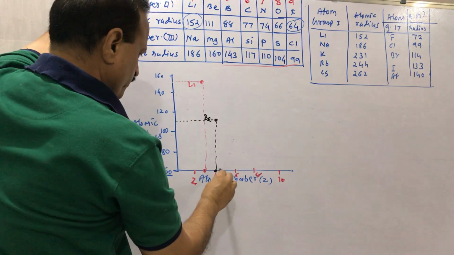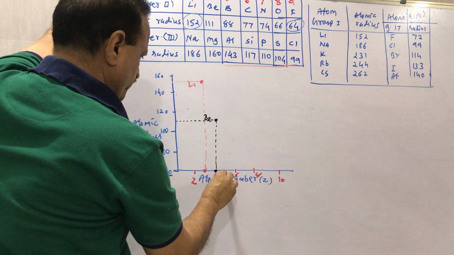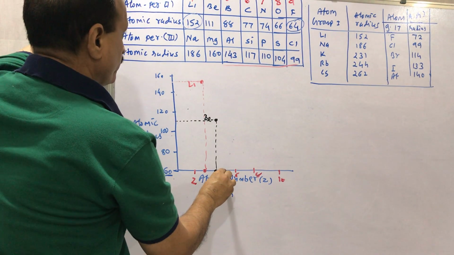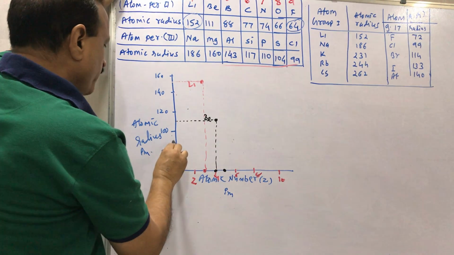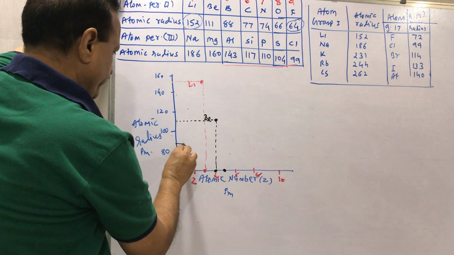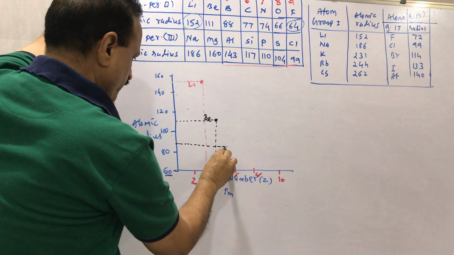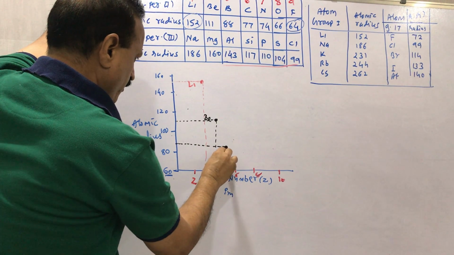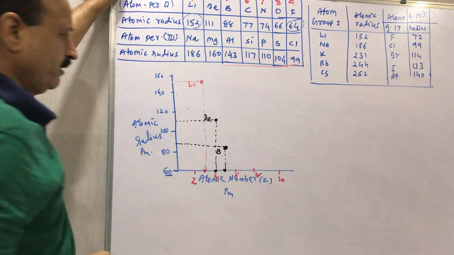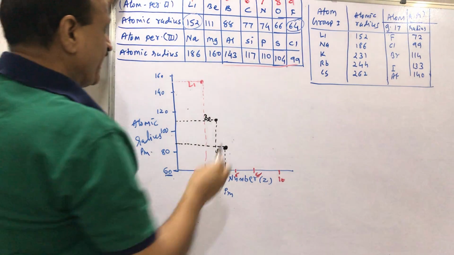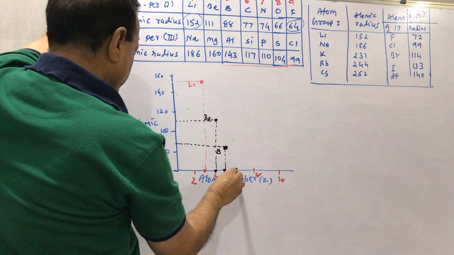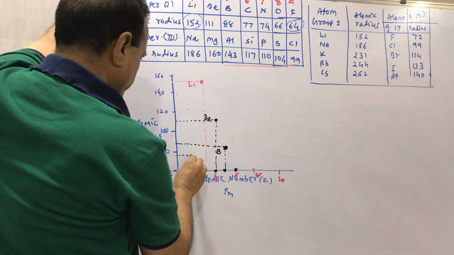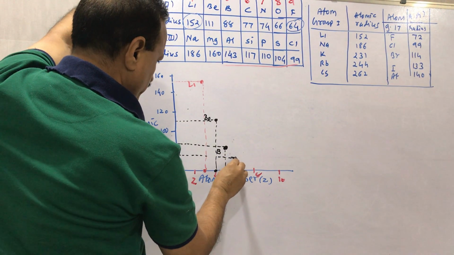For boron, atomic number 5, it is between 4 and 6, and the radius is 88. 88 means it is between 80 and 100, here will be 88, this is the radius of boron. Then carbon, atomic number 6, and value is 77, less than 80, here will be 77.